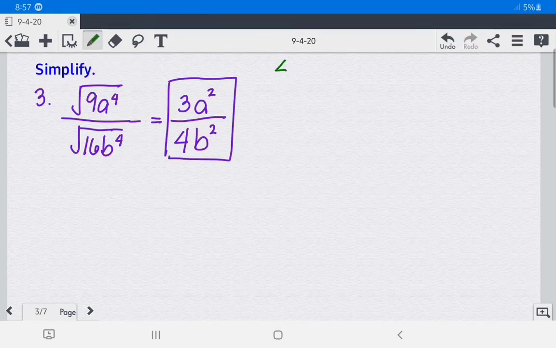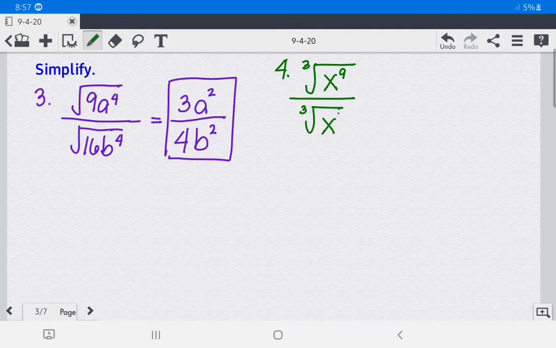Next, number 4. Let's say we have the cube root of x raised to the 9th power over the cube root of x raised to the 5th power. Using the quotient rule for radicals, we have cube root of x raised to the 9th power over x raised to the 5th power.